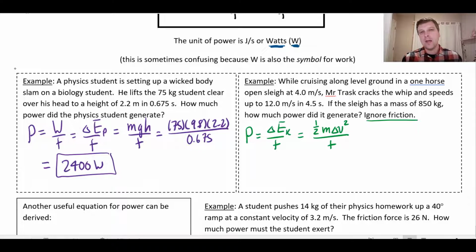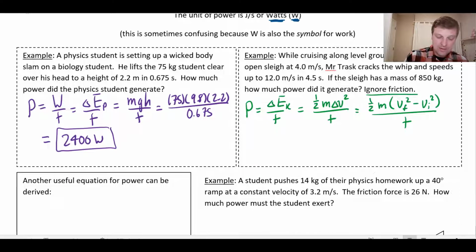And we have to be a little bit careful about the delta v squared, because this needs to be 1/2 m times v final squared minus v initial squared, divided by time. We need to square the speeds and then subtract them, as opposed to subtracting them and then squaring them. We end up with a very different answer if we do that.